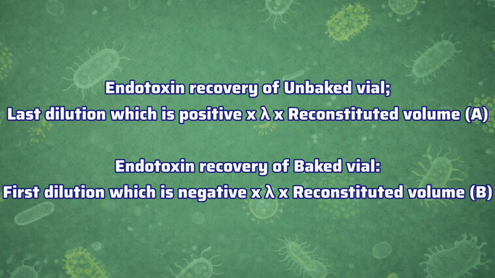The reduction of endotoxin level in log is calculated by the below formula. Endotoxin recovery of the unbaked vial means the positive vial's last dilution which is positive, times lambda, times reconstitution volume, that is A. Endotoxin recovery of the baked exposed vial is equal to the first dilution which is negative, times lambda, times reconstituted volume, that is B. First one, endotoxin recovery of the unbaked positive control vial.